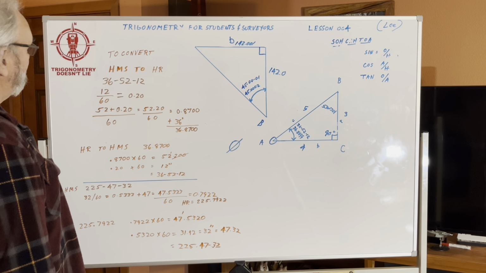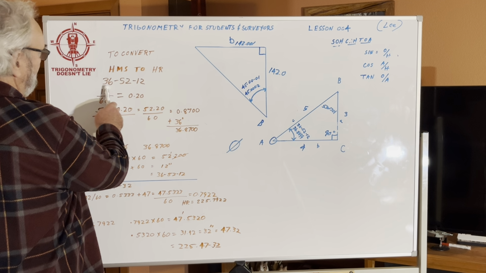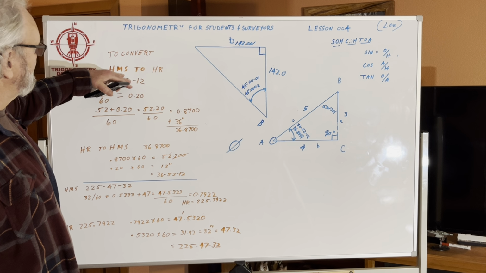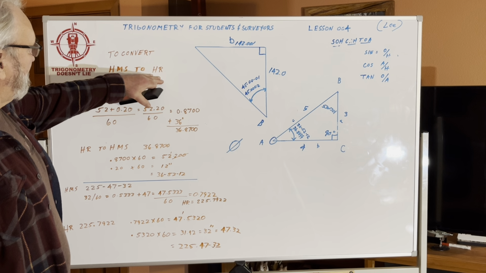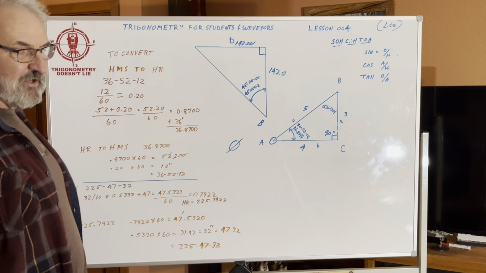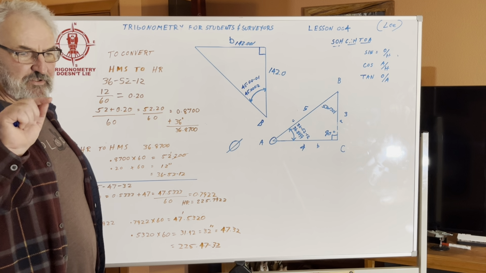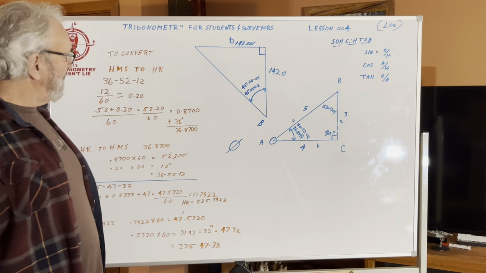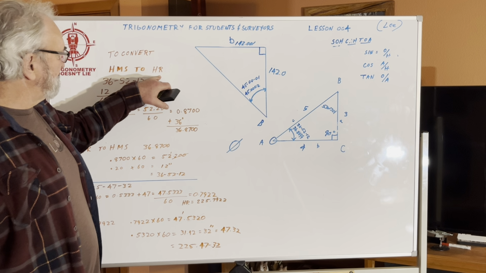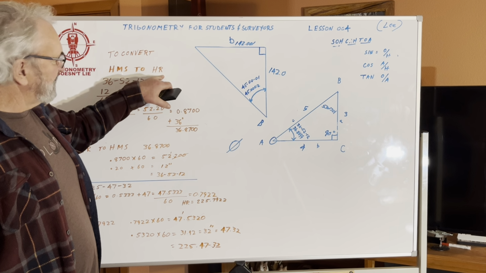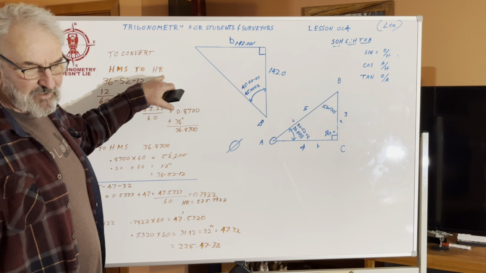So we're going to take this angle here, 36, 52, 12. Now we're going to start with HMS, hours, minutes, seconds, and HR. And I'm using the same terminology that the 42S uses when you do that conversion, that line when you select back and forth. I guess this must mean it's not digital or it's not decimal degrees. I guess it's hour decimal hours.